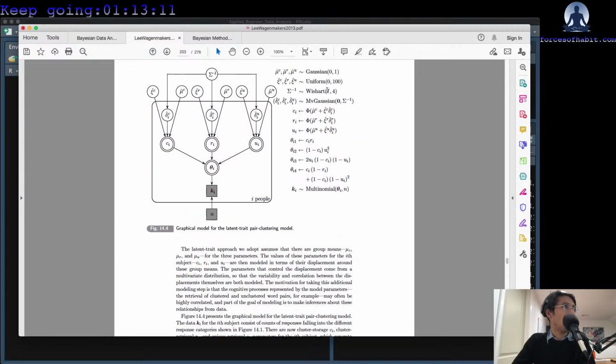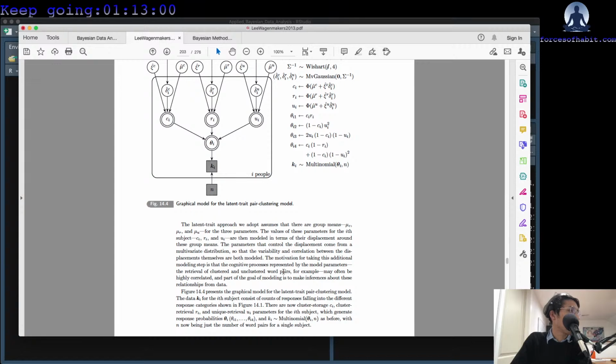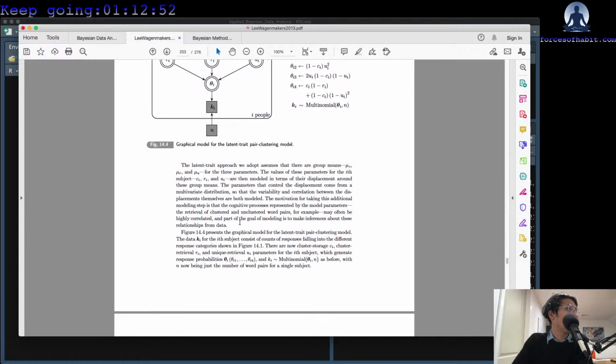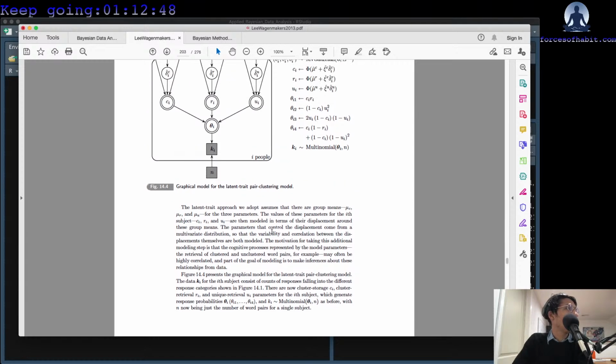I don't know where we get this I from. I guess I'll find out. Let's keep going. The motivation for taking this additional modeling step is that cognitive processes represented by model parameters may often be highly correlated.